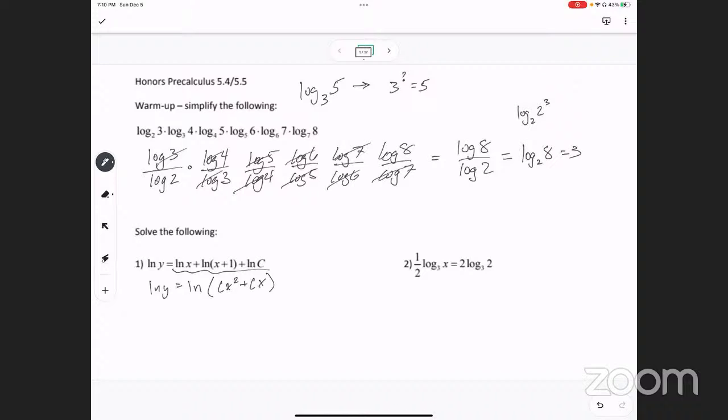Because I'm just multiplying all those numbers together. You follow how I did that? Which means, so now I can exponentiate both sides, base e. So that means y equals cx squared plus cx.